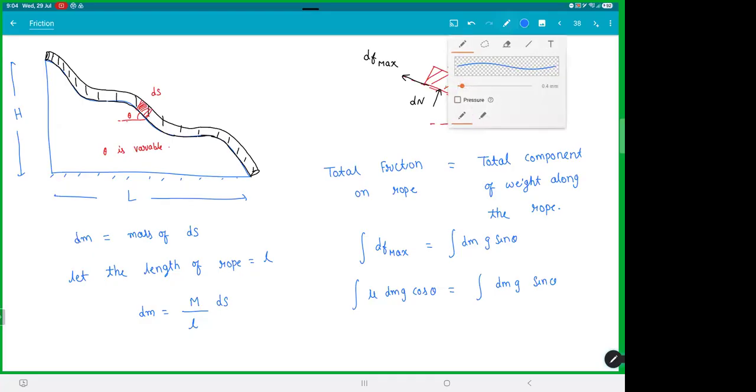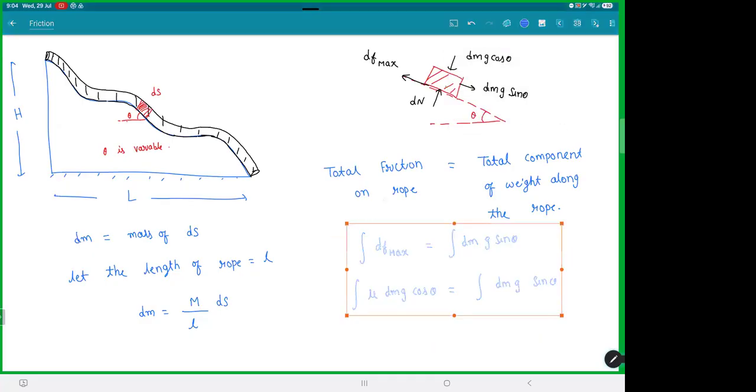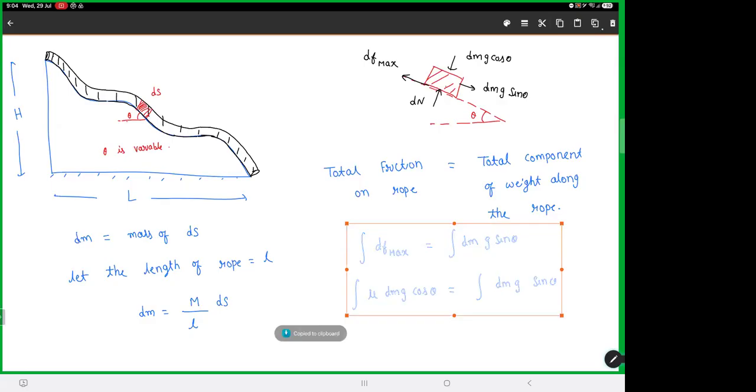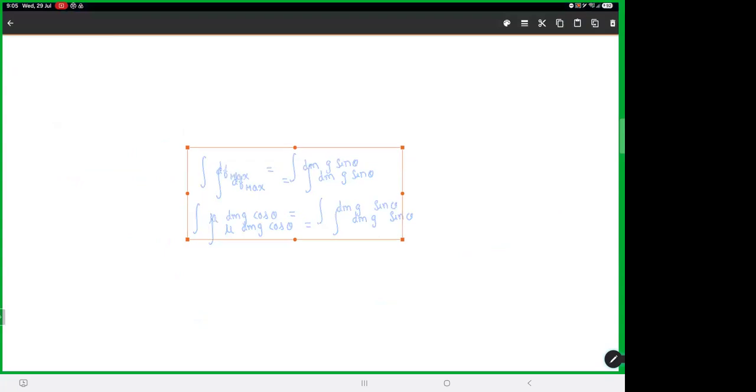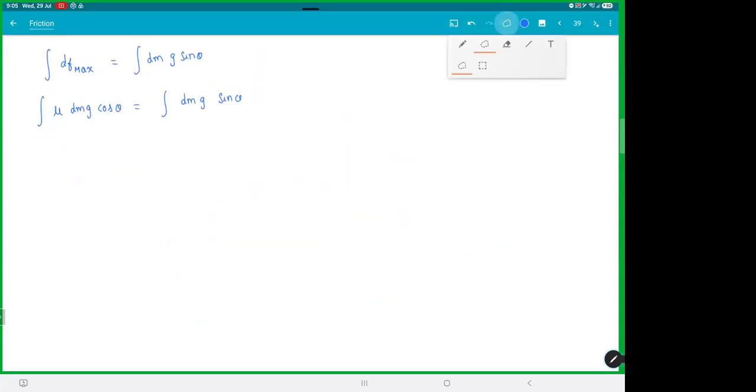Let me write in the next page. And this is what I was saying. If they mess up something here, this is the point where you have to change your integrations. So this will be total mass by total length into ds g cos theta, and this will be m by L ds sine theta into g.